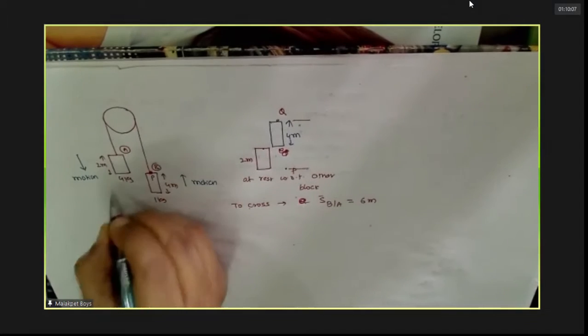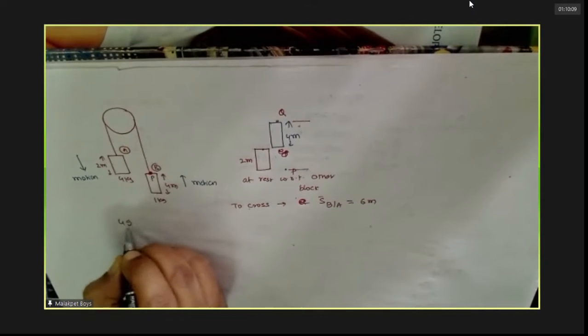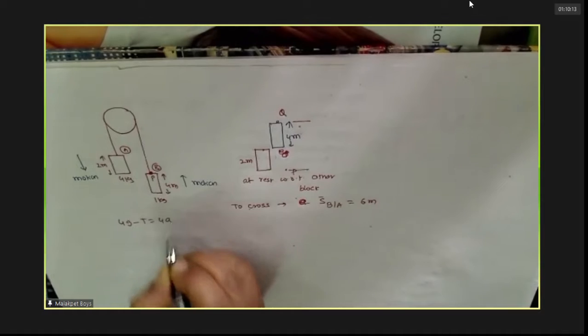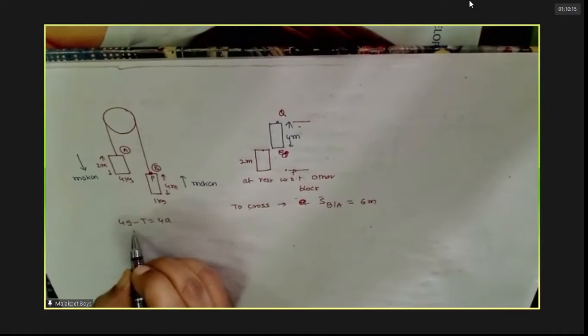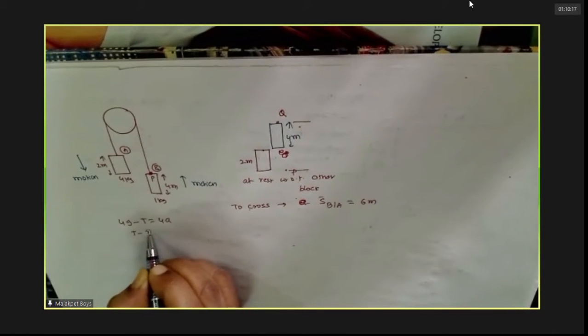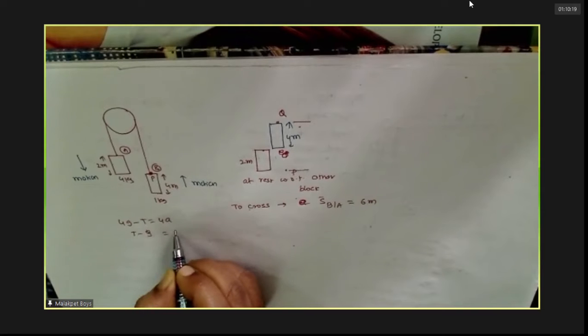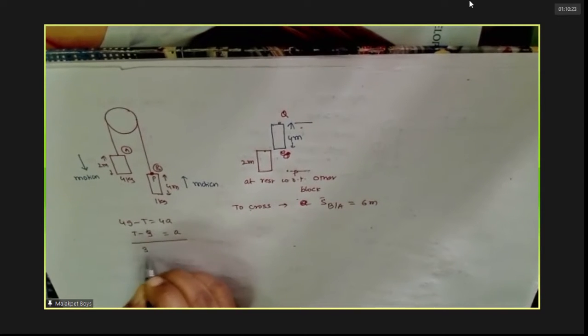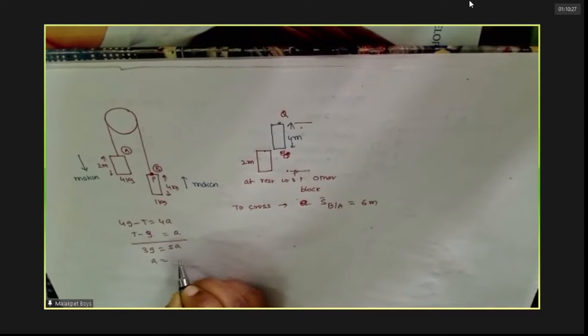Now you can find the acceleration of this. What is the acceleration? 4g minus T equals 4a. This is T minus g equals a. Do you agree with this? 3g equals 5a. So what is a, man?